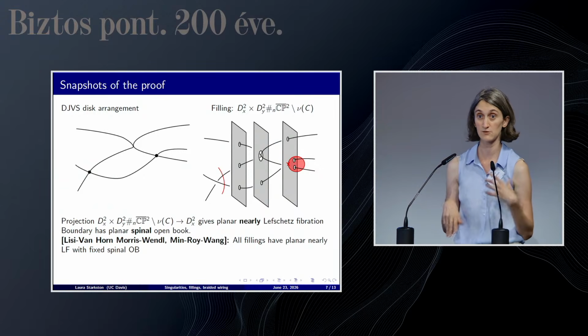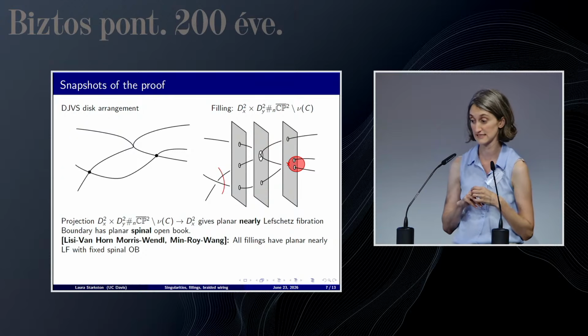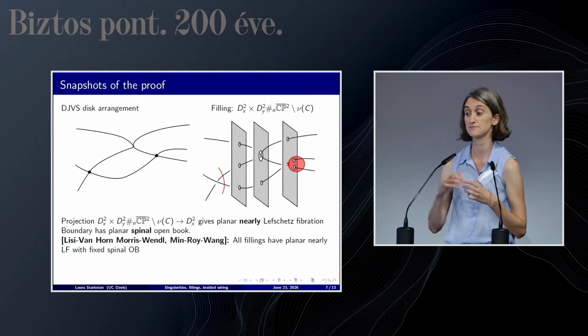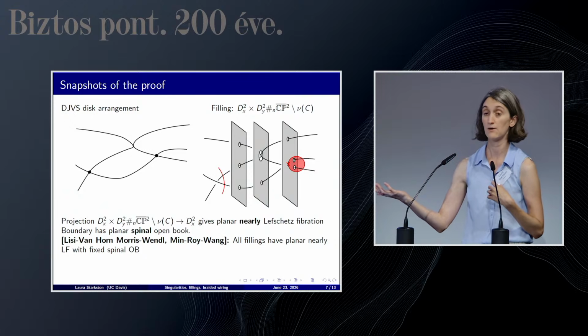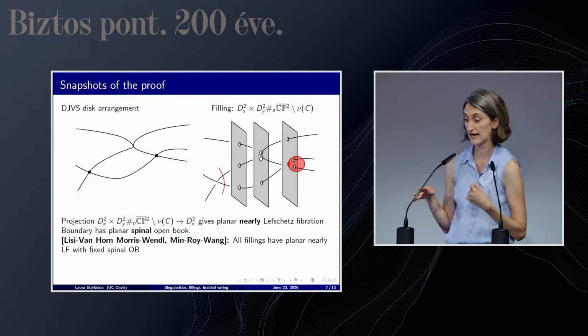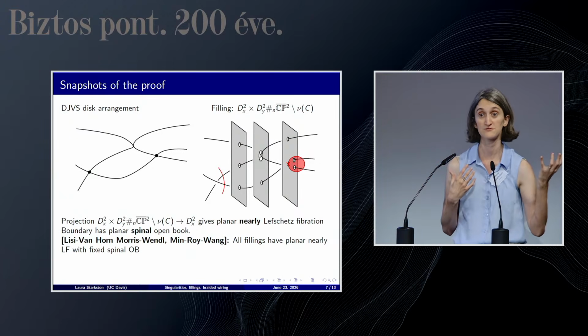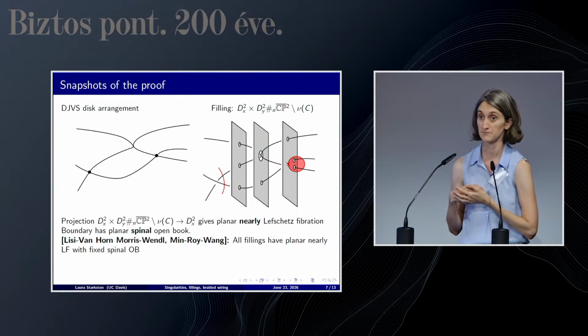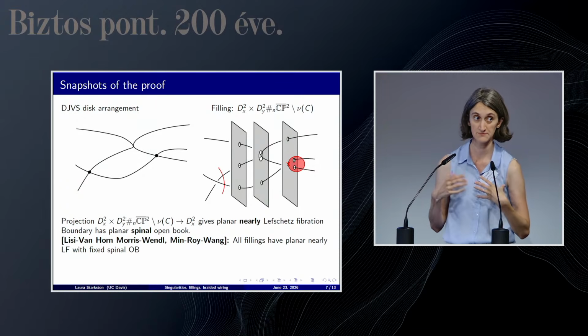This is where we need the pseudoholomorphic curve analysis that says, because we have a planar spinal open book, all of the fillings are actually arising as nearly Lefschetz fibrations which fill this particular spinal open book. So every filling comes from a nearly Lefschetz fibration.